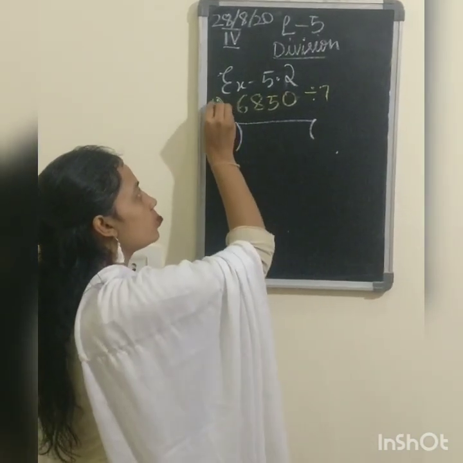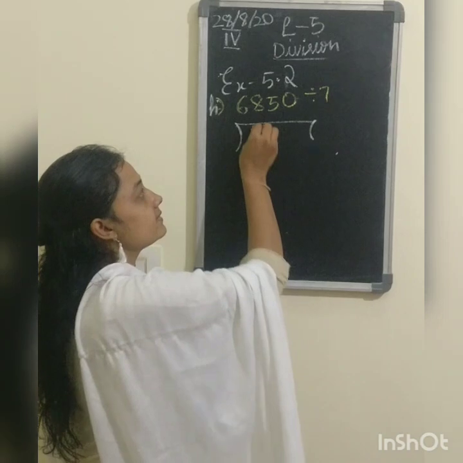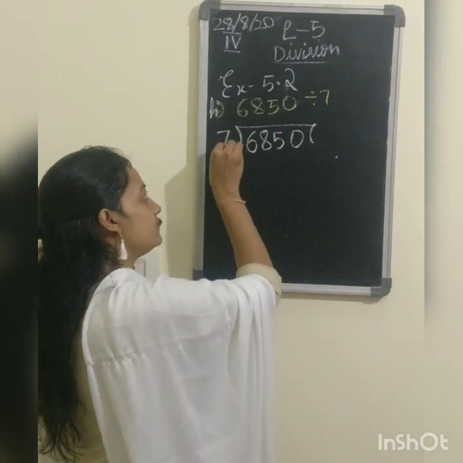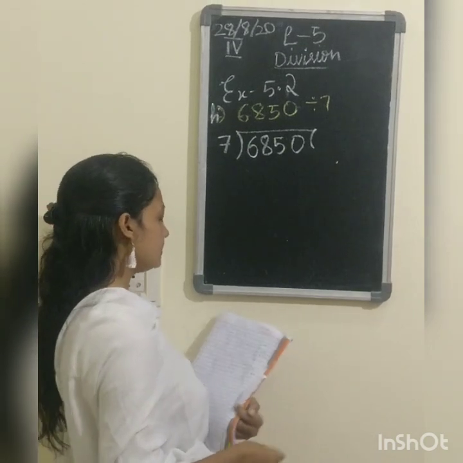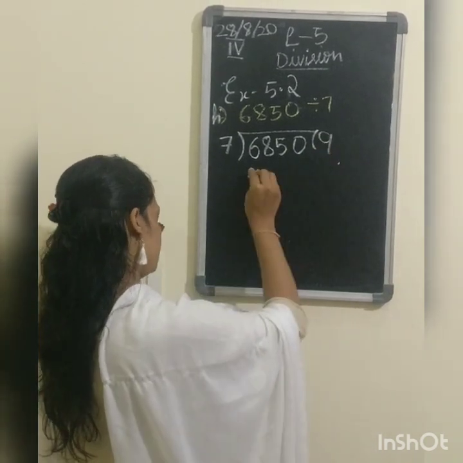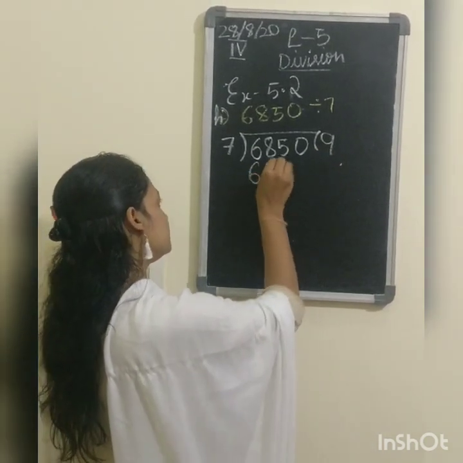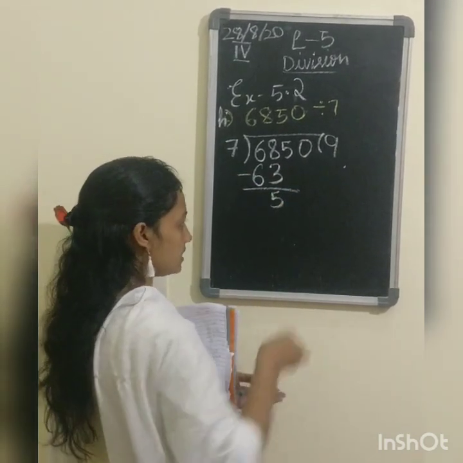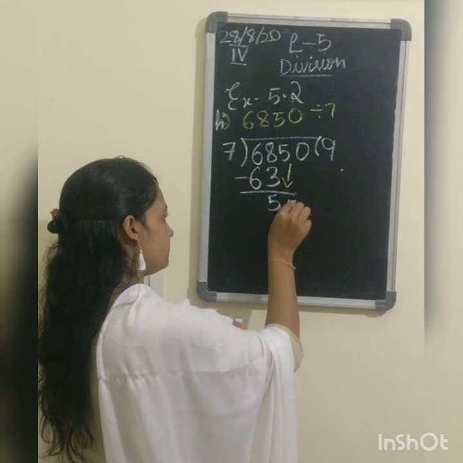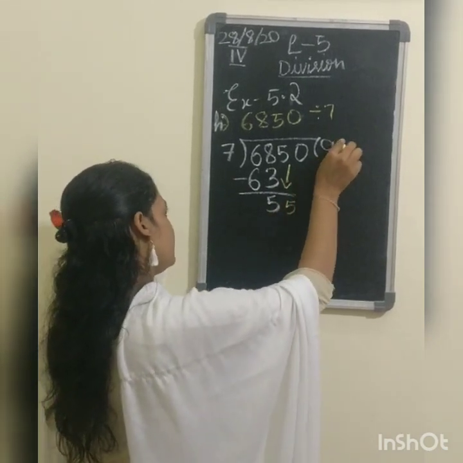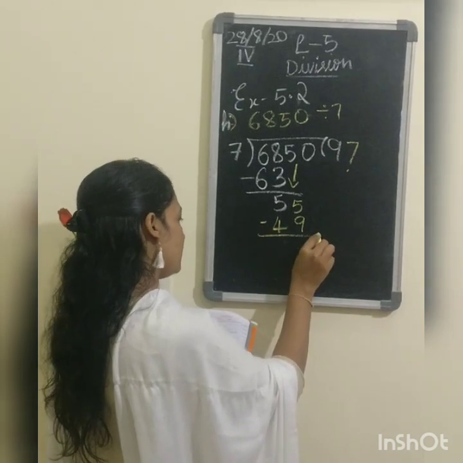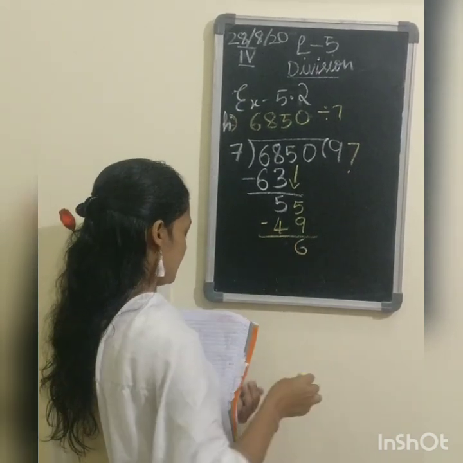Now go for question H. 6850 divided by 7. So 7 9s are is 63. I subtract, I get 5. Bring down the next digit 5. 7 7s are 49. And I subtract, I get 6.